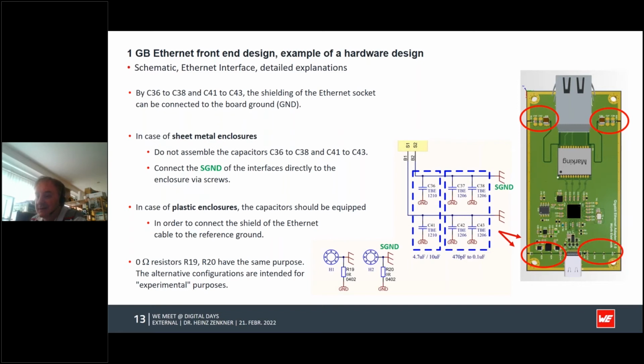And like we have supposed before already, in case of a metal enclosure, you should not assemble these capacitors, having a direct connection of the Ethernet and the USB port C connector directly to the housing, and separate the digital ground.